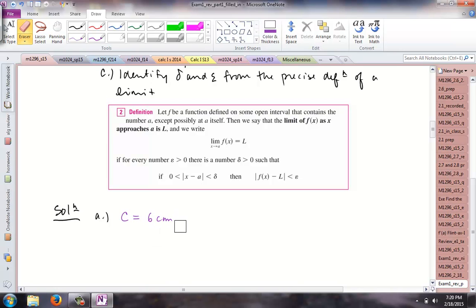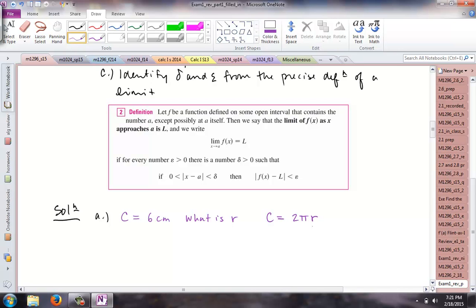We're not going to have to worry about the units. And then what is r? All right, well, what's the equation for the circumference of a circle? Yep. 2 pi r. Good, 2 pi r.